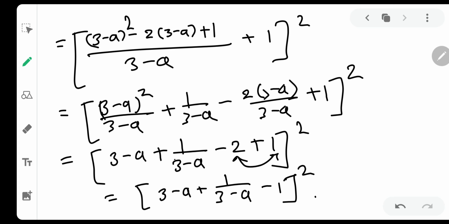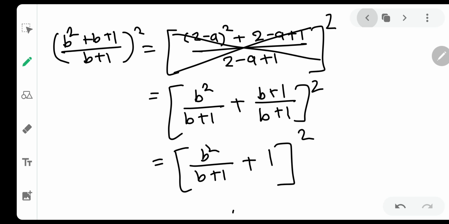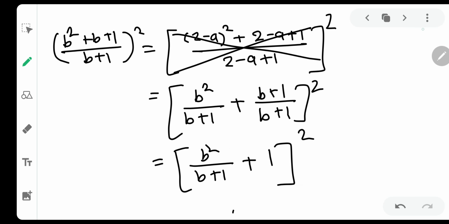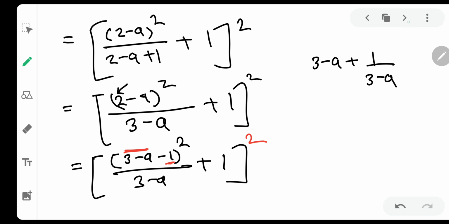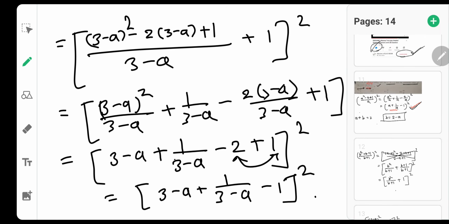So basically the first term got reduced to (a plus 1) upon a, minus 1, the whole square, which you can see over here, and the second term very conveniently got reduced to (3 minus a plus 1) upon (3 minus a), minus 1, the whole square. Just have a look at the question once again.